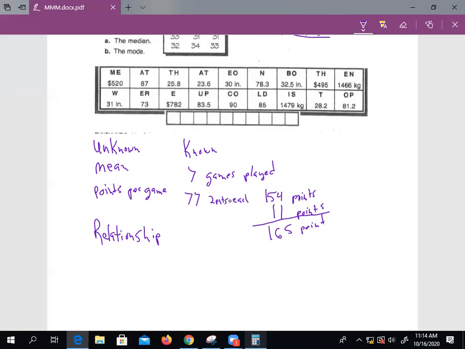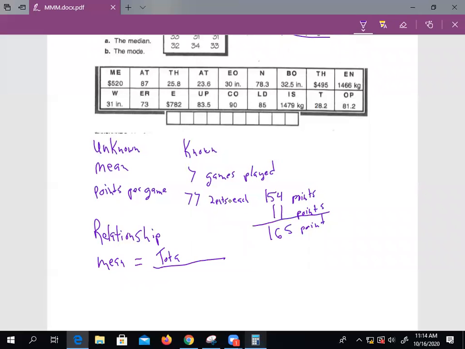Well, remember, mean can be determined by adding all the scores from 7 games and dividing it by the number of games. But really, what they did for us is they did the work for us.